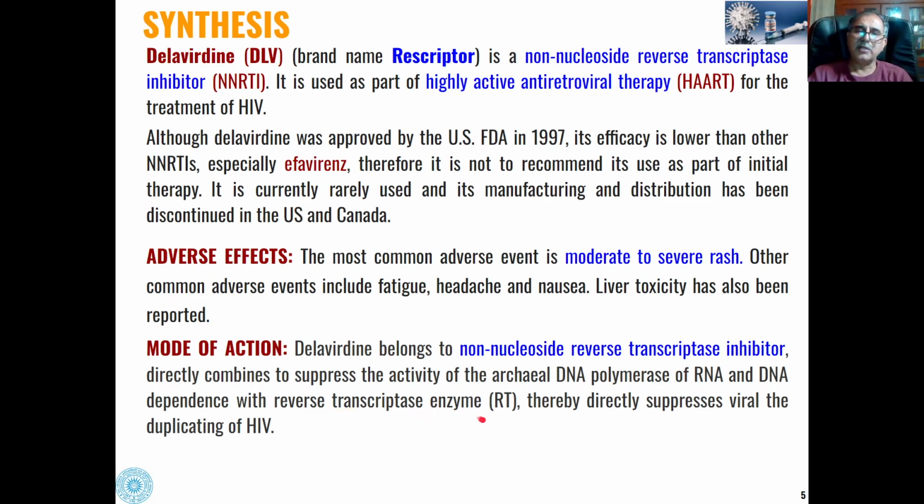So when this activity is inhibited by these types of inhibitors, the replication cycle is stopped, thereby the replication of the virus is not taking place.